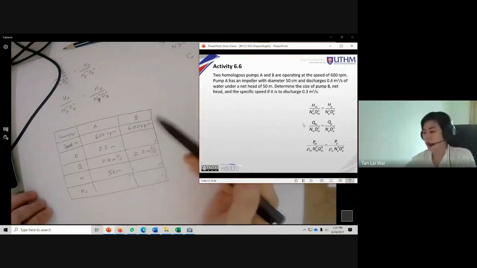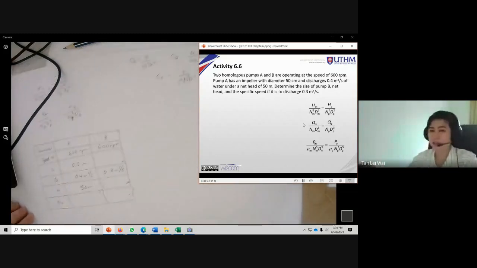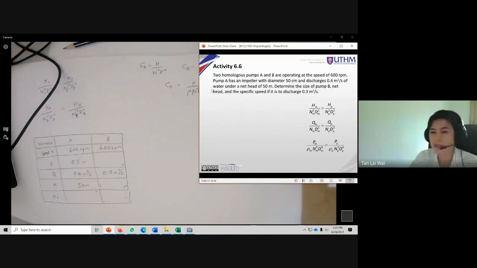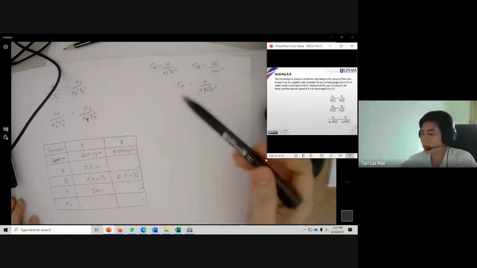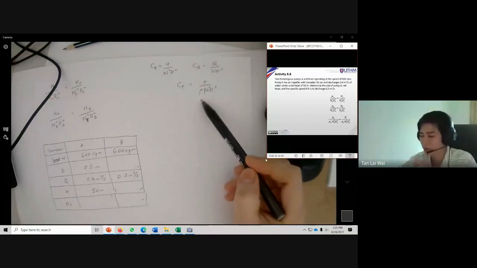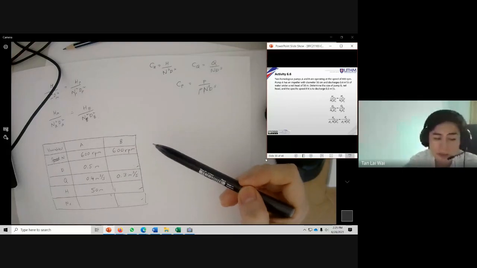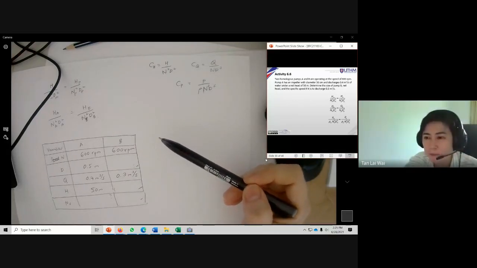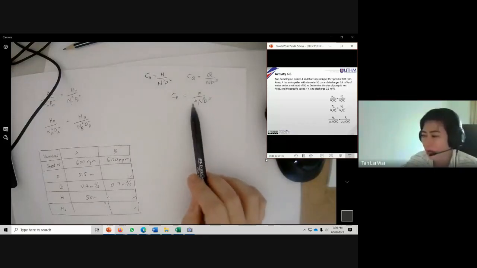Now you have this data provided to you. Let's look at the laws here. Can I ask, is Aiman there? Aiman, can I ask you, which law can I use first?